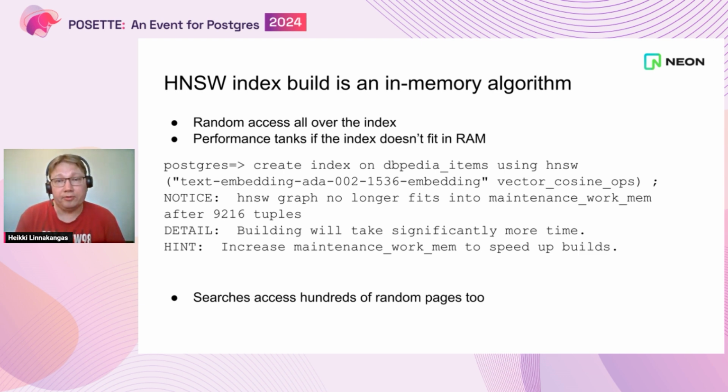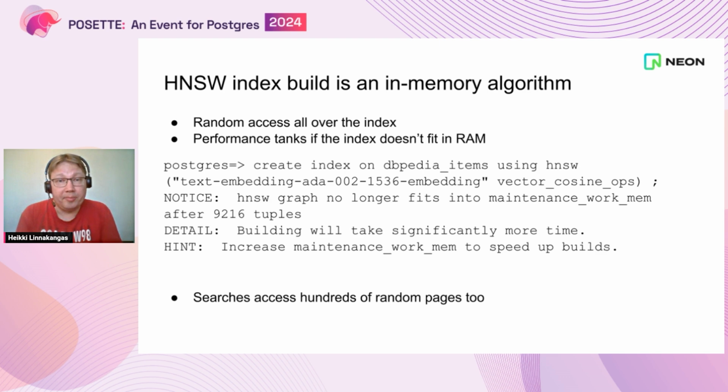If you don't tune it, pgvector will give you a warning if you're trying to build the index and it doesn't fit in memory. It will still try to soldier on and build the index, but it will take a long time. So you probably want to abort the index build at that point, increase the amount of memory by setting maintenance_work_mem higher, assuming you have the RAM, and then try again.